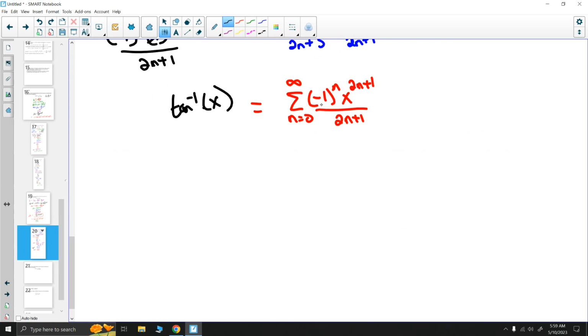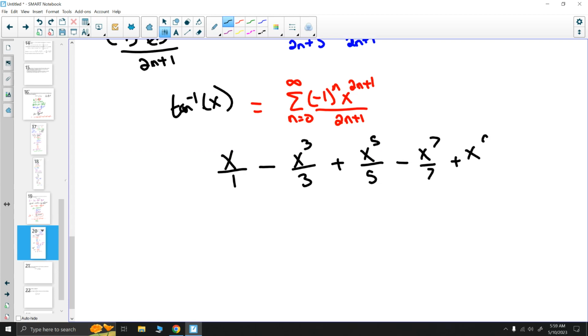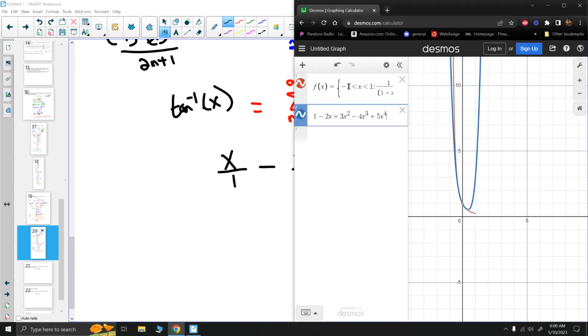When n is 0, that would be x over 1, minus, when n is 1, 2 plus 1 is 3, x cubed over 3, plus, when n is 2, 4 plus 1 is 5, x to the 5th over 5, minus x to the 7th over 7, plus x to the 9th over 9. Let's see whether or not we agree with this. In this case, it is still from -1 to 1. Technically speaking, I need to include the endpoints if I'm talking about this, but who cares? We'll get the picture.